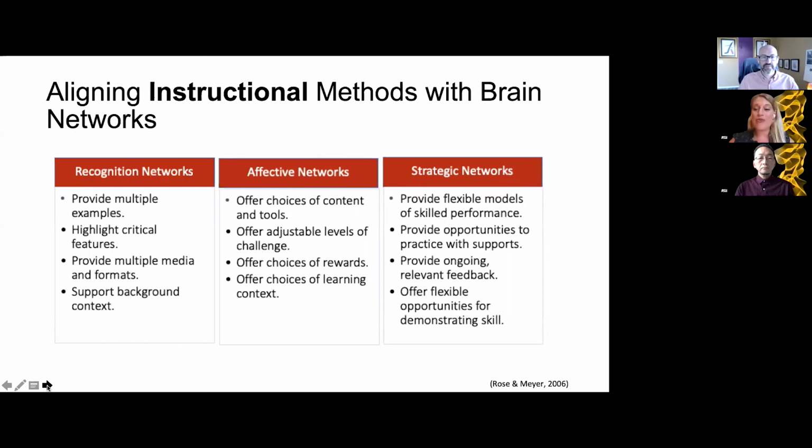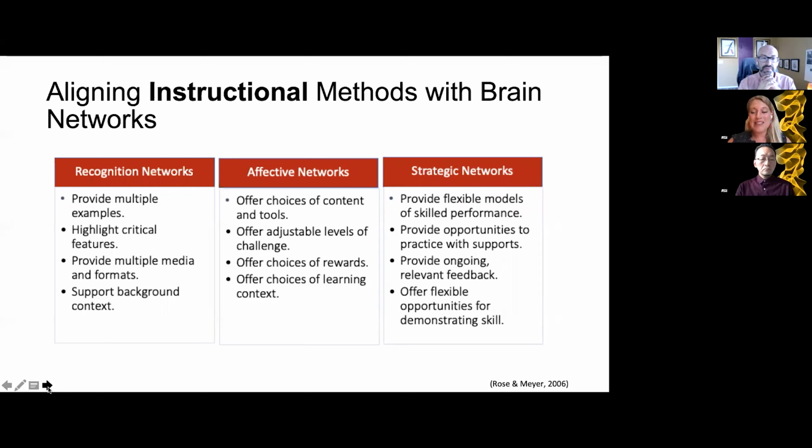Meyer and Rose have developed 3 corresponding instructional frameworks derived from neuropsychological research on the brain and the processes by which it learns. Outlined on this slide are these instructional frameworks and several suggested instructional methods faculty can take for each network. The first network is recognition networks, the what of learning.